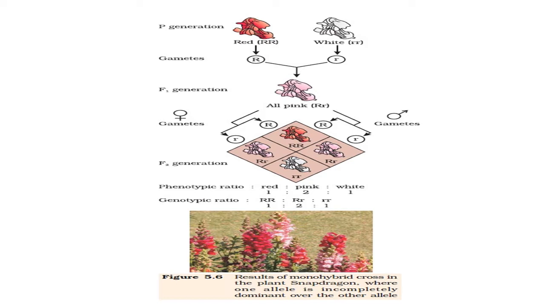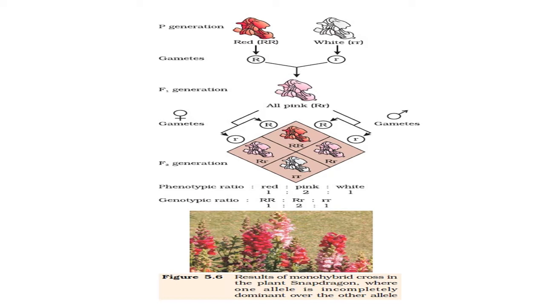When gametes are produced, from the red color flower parent the possibility is capital R, and from the white color flower parent the possibility is small r. When gametes fuse, the F1 generation develops, which is actually a fusion of capital R and small r. As a result all flowers in the F1 generation are pink color flowers having genotype capital R and small r.